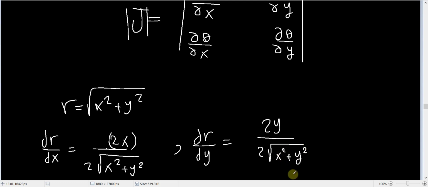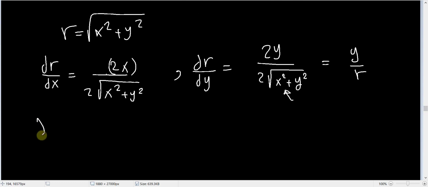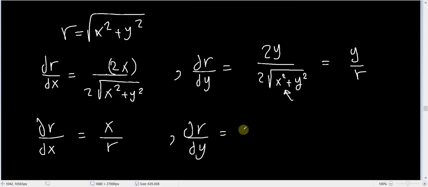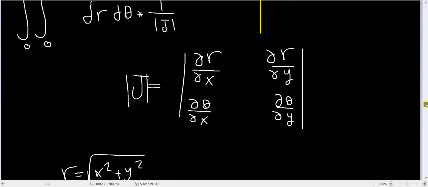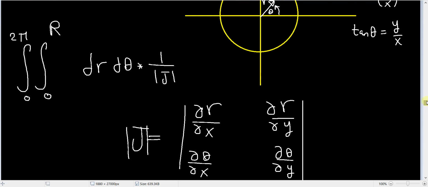Now the square root term right here is really equal to r itself, so dr by dx is equal to x over r, and dr by dy is equal to y over r. So very good.